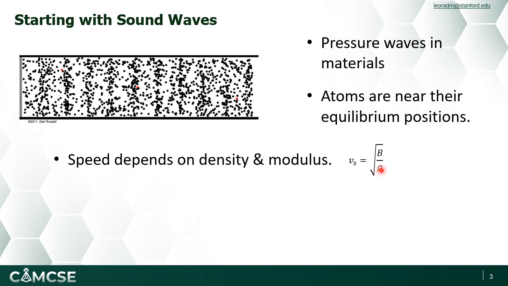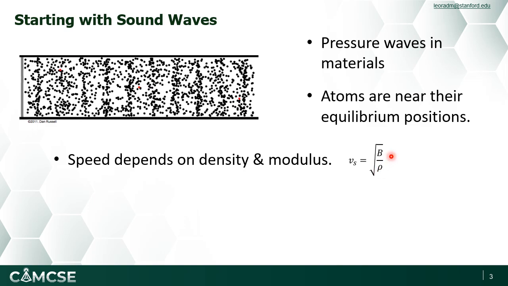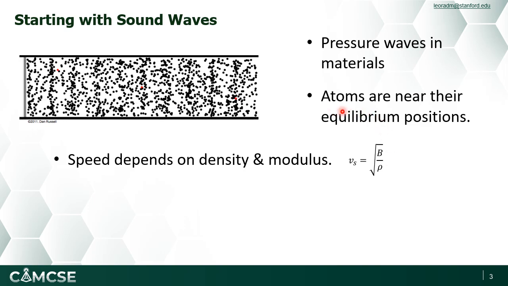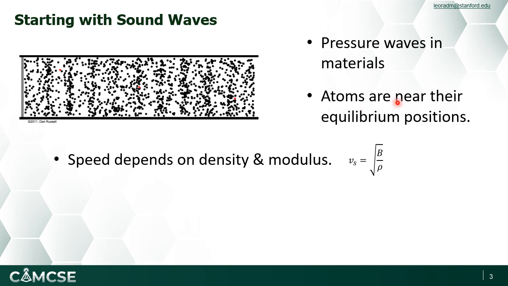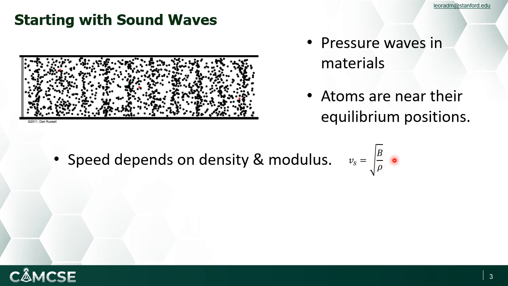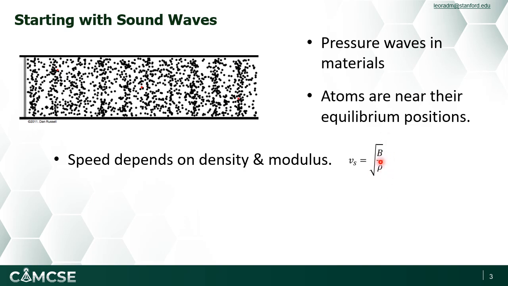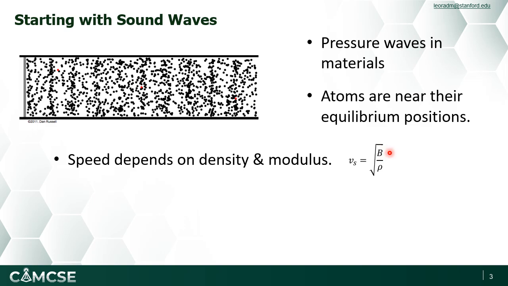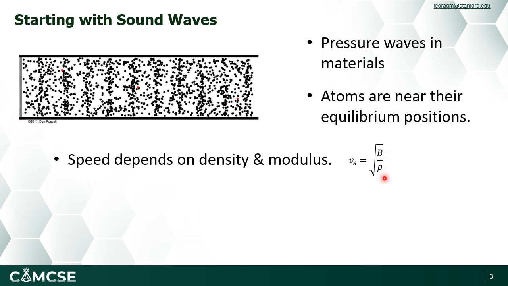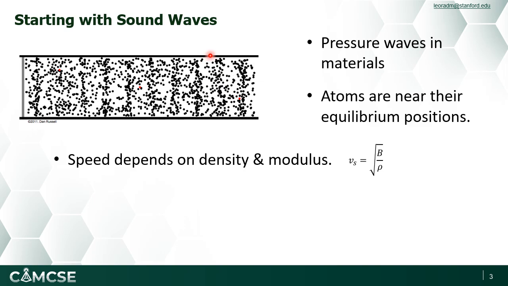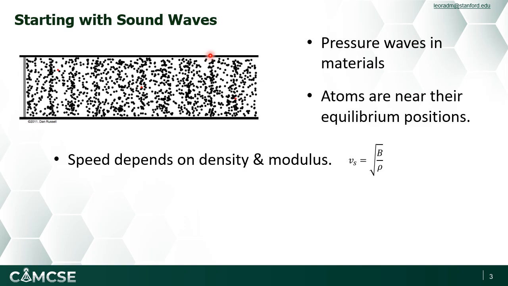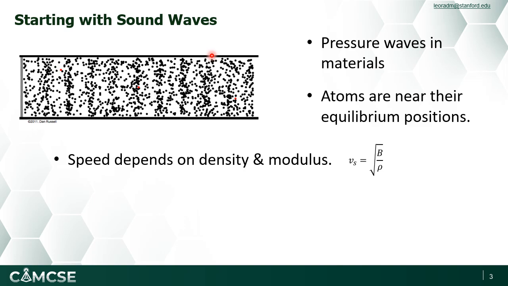So, of course, as we start making these sound waves louder and louder, eventually what we find is that the atoms get further and further from their equilibrium positions. This means that the density starts to change and increase, but also that the modulus increases much faster, as it is determined by the interactions between atoms.